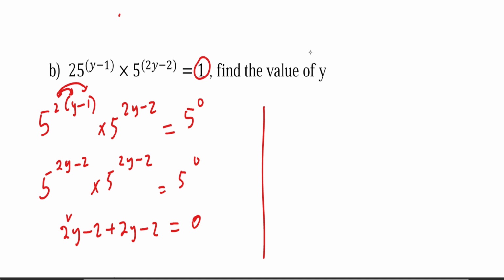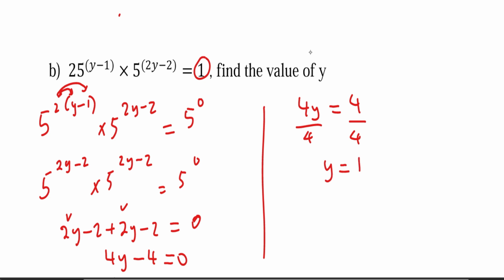So 2y plus 2y gives you 4y, minus 2 minus 2 gives minus 4, which is equal to 0. So 4y equals 4, divide by 4, y is equal to 1. So that's the value of y.